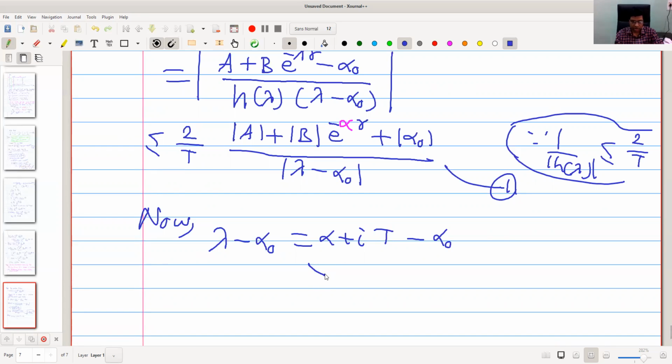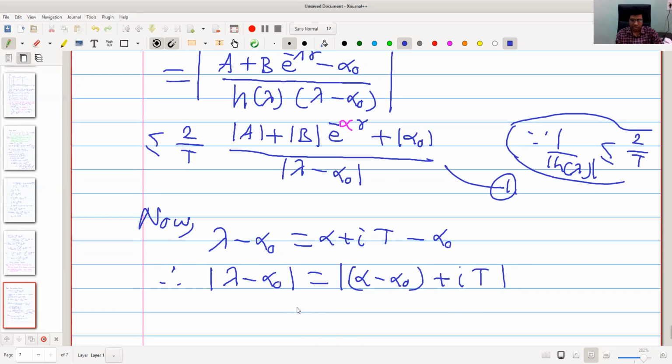Let me take the modulus so that I can have inequalities. Therefore mod of lambda minus alpha 0 is equal to mod of alpha minus alpha 0 plus it.